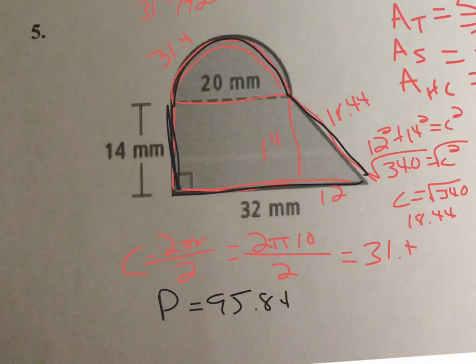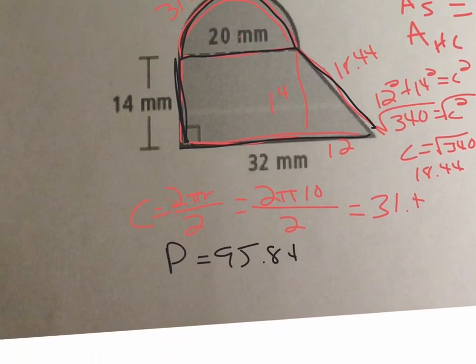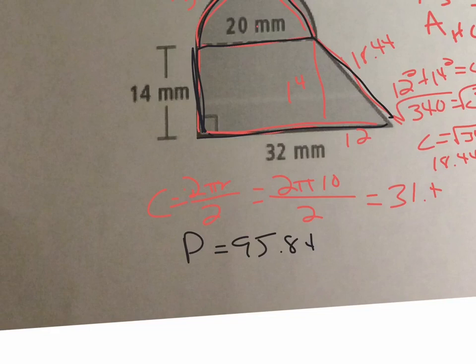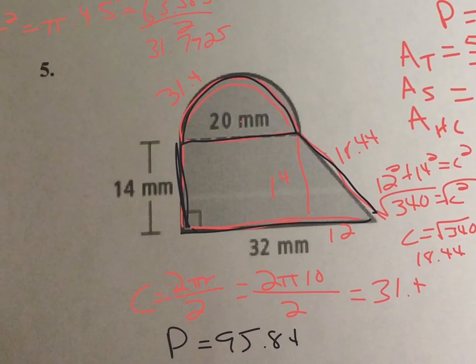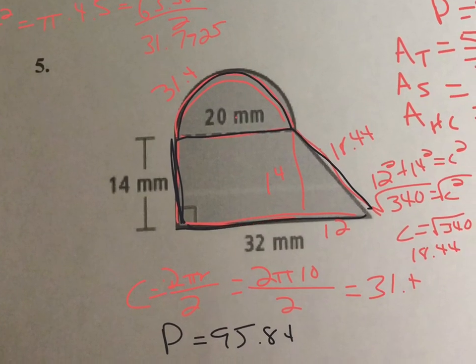Okay, now we have two different shapes. I see a half circle and a trapezoid, so I'm going to find the area of the half circle and then find the area of the trapezoid. So area of trapezoid, area of half circle. So if I look at the trapezoid first, I have base 1, base 2, and my height is 14 because that's making that right angle.